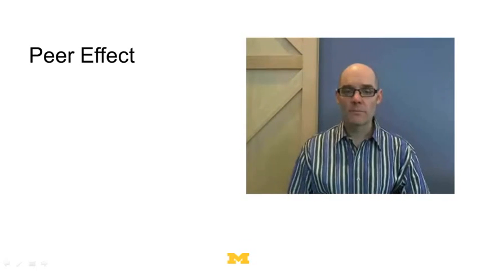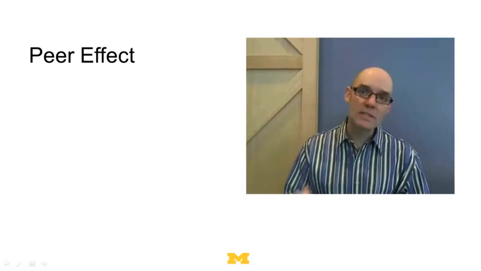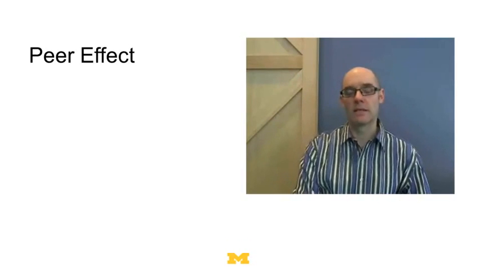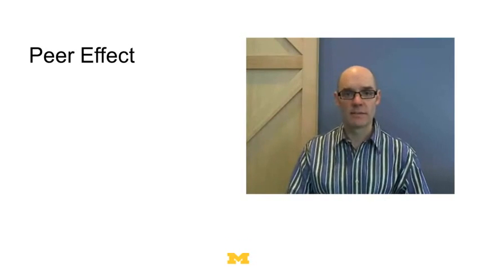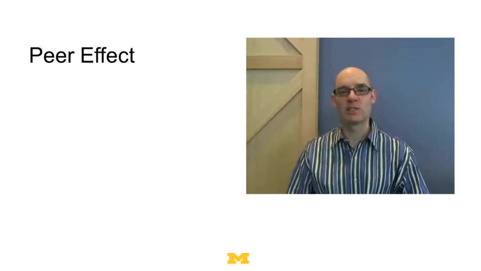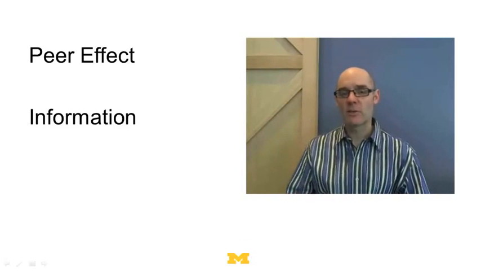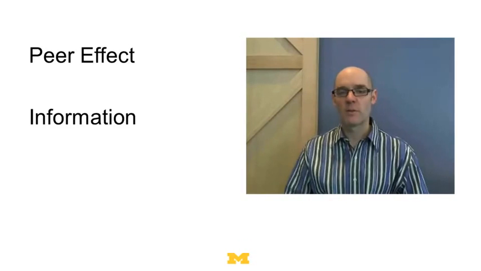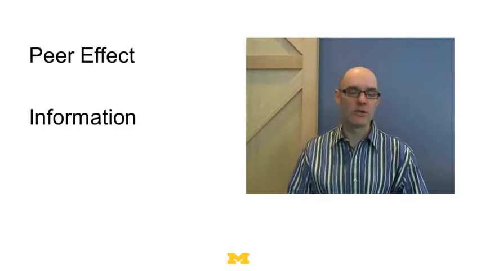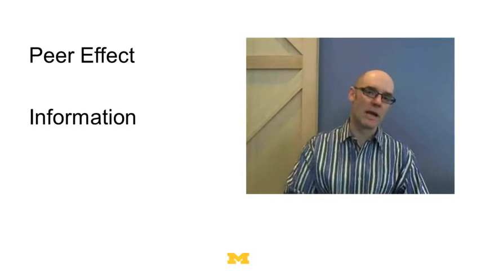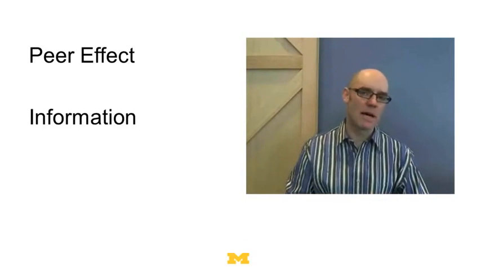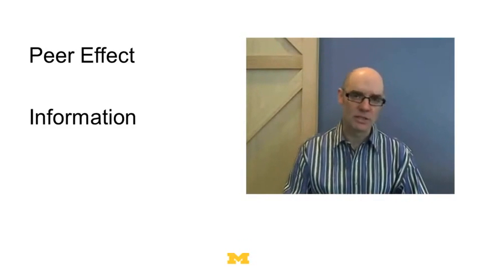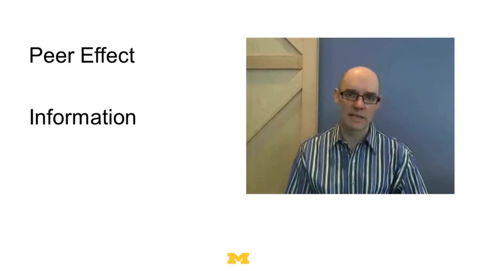Now, why? When you think of a standing ovation, one way to think about it is as a peer effect, right? Other people stand and then you stand. But another thing that's nice about it is that it could also be information. What do I mean by that? Well, suppose you're sitting in the theater and you notice that the woman sitting in front of you to the left is talking with her neighbor, and she seems to know a lot about the theater, about the performance you're going to see, and she seems like someone who's a little bit more sophisticated than you are.